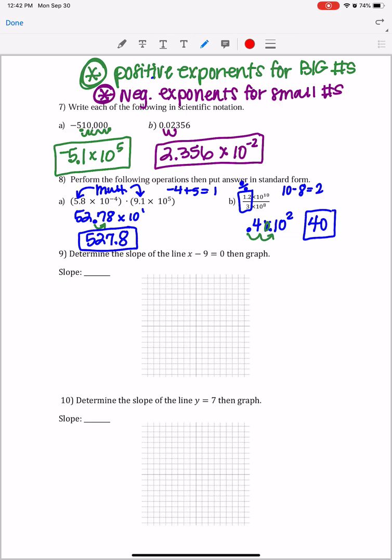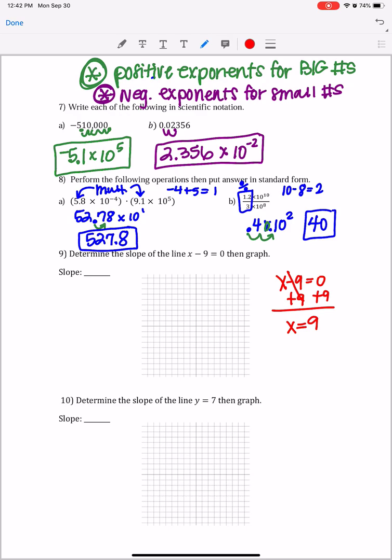Number 9, determine the slope of a line x minus 9 equals 0, then graph. So, x minus 9 equals 0 means we're going to add our 9 over. You got to get x by itself. So x is 9.